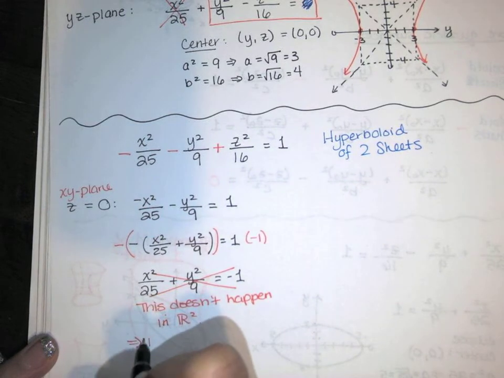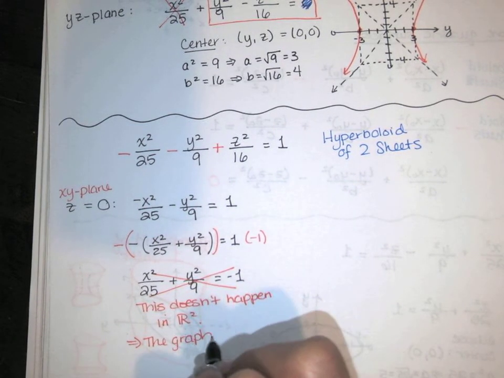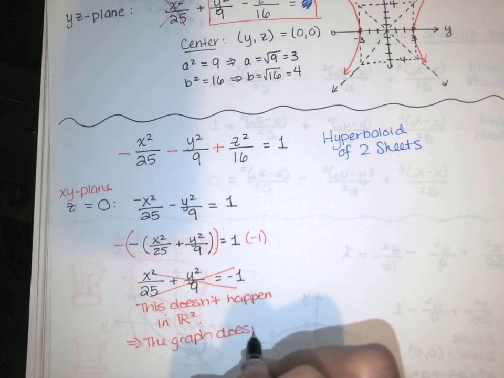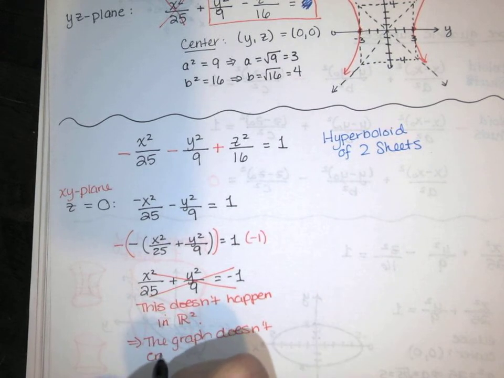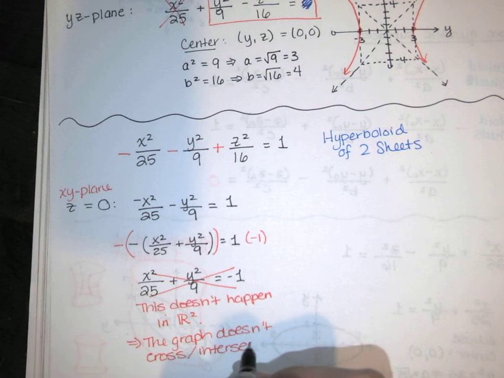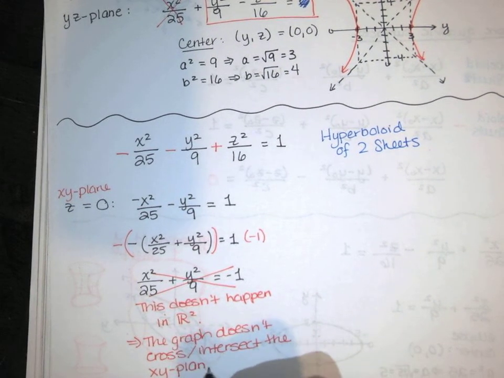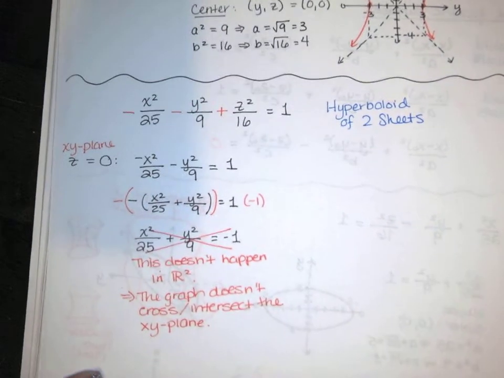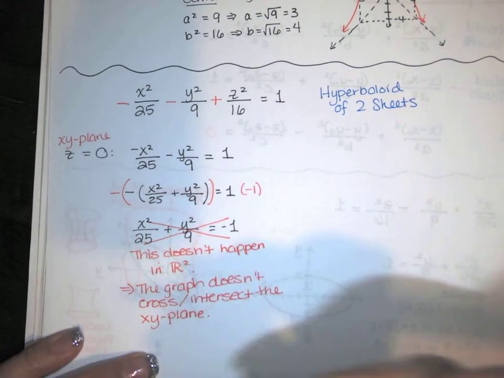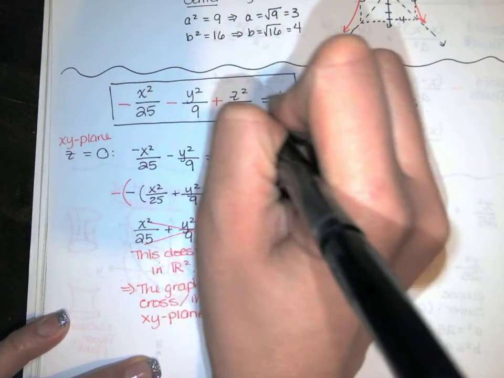So the graph does not cross or intersect the xy plane. You look for a trace, you find nothing. There are no traces there. Okay, so that's the xy plane, and this is what we're looking for.